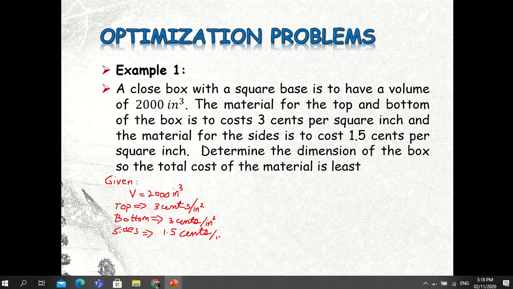All right, so these are the givens in the problem, and we are required to solve for the dimensions. So what does it mean, class, dimension? If you have the box, what are the dimensions of the box?